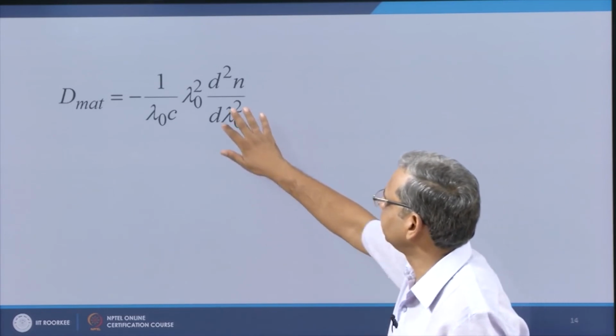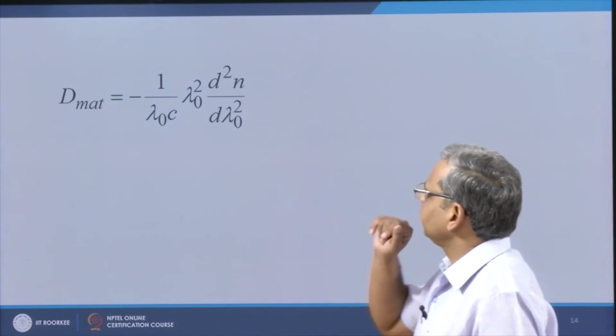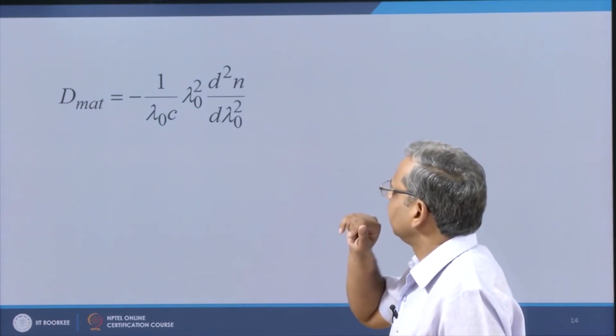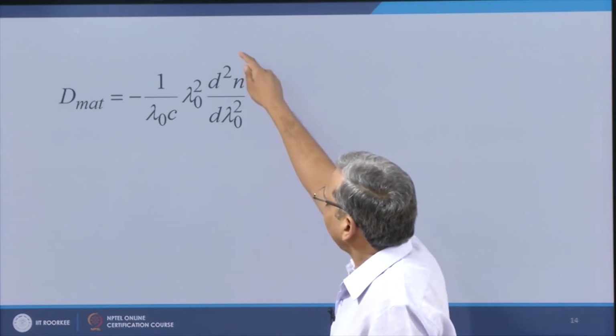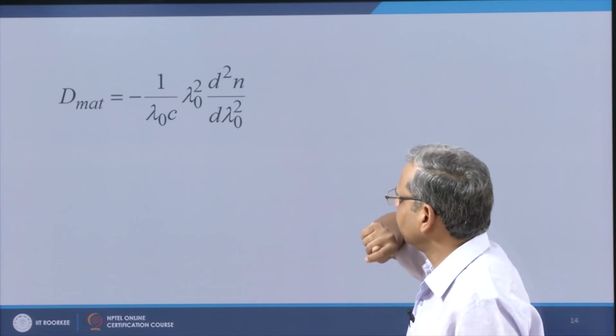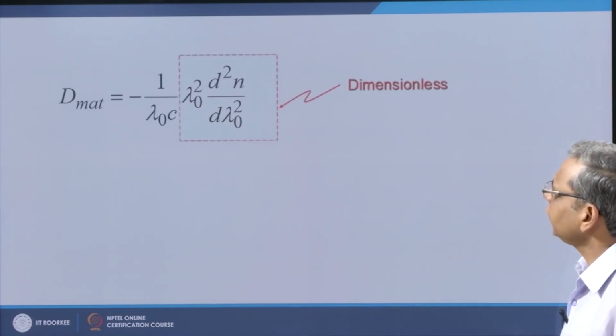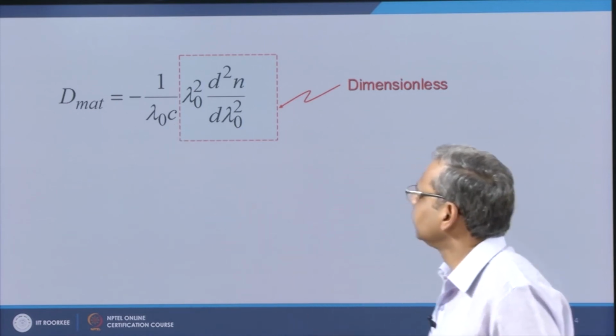So, I can write this down like this. The motivation for writing this down is that now I can get this as a dimensionless quantity. So now the dimensions are coming from here.